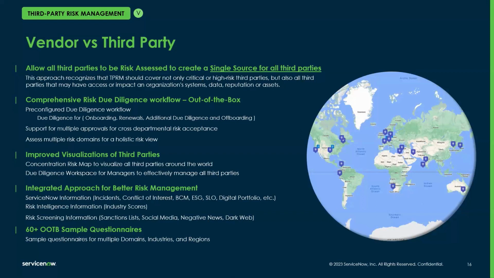Wrap your arms around your entire ecosystem and then understand, based on the level of risk that relationship and even that service being provided by the third party holds, to manage the ones that are the most critical while still having insight into some of those lower risk third parties. And so the third party risk management application was built on the vendor risk management application.